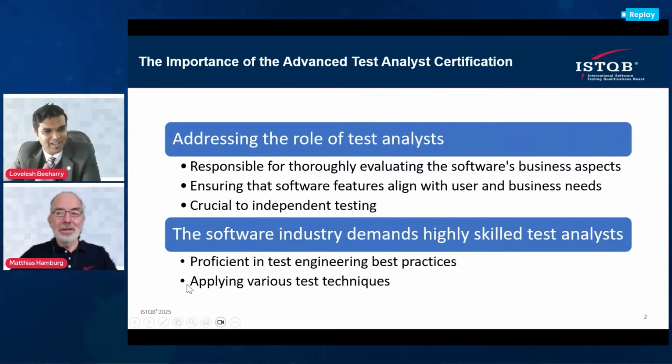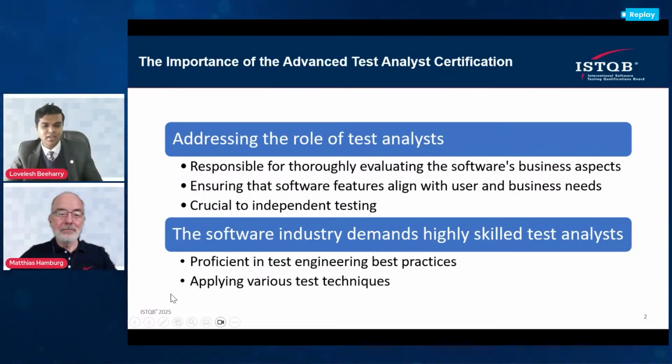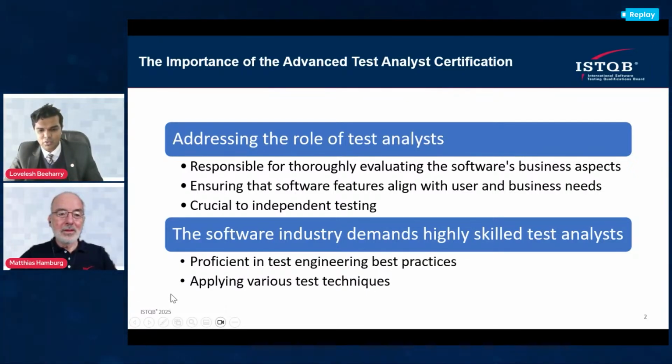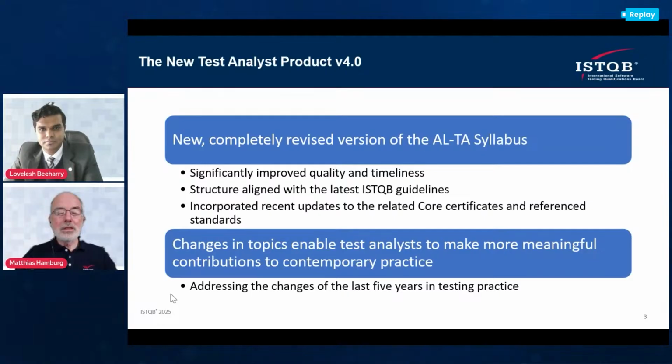Understood. All right. So the previous release of the certification for TA was in 2019. What was the need for ISTQB to create a new version? Well, we reflected on this need early after releasing the 2019 version.